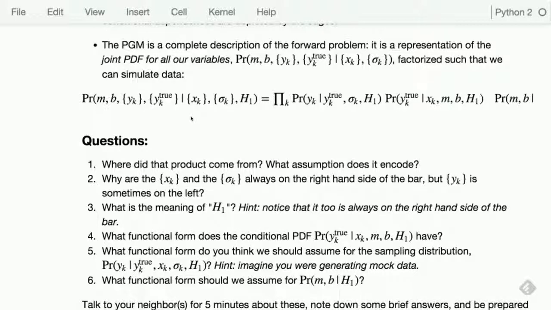So there's P of yk true given an xk and an M and a B. And then moving in, once we've got the y true, we can draw a yk for a noisy observed yk. And then the product sign is encapsulating this independence of data points. Because that product, if you imagine expanding it out, you'd have P of y1 given y1 true multiplied by P of y2 given y true 2 multiplied by, and so on.